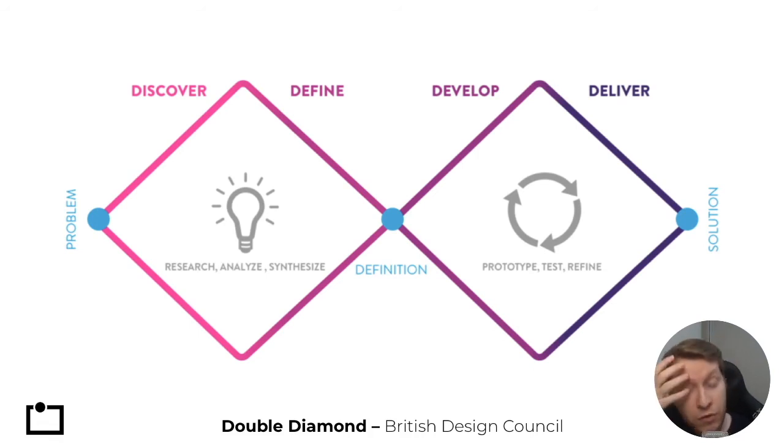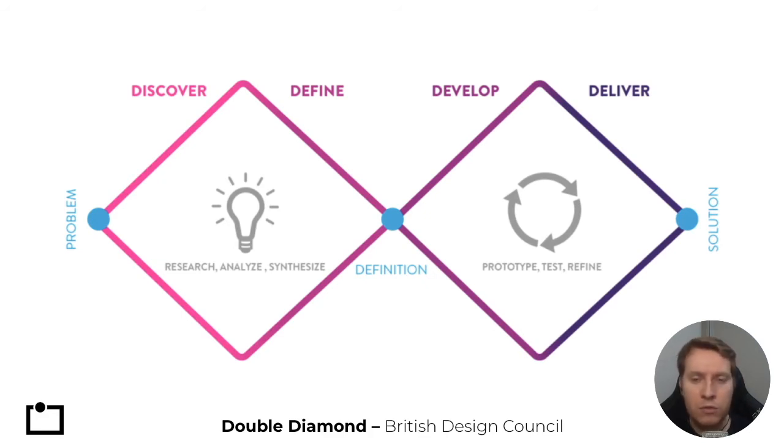So the discover phase, in the first diamond, helps us to understand people, or to understand the problem that the people are facing, or the problem that the user is facing. But here we're not going to tackle the problem and propose solutions.